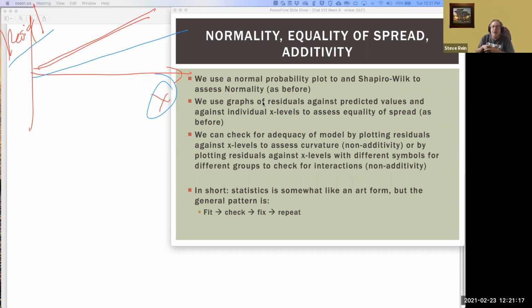So it's using that earlier regression technique. Let's plot the absolute value of the residuals against x. Any question about that idea?